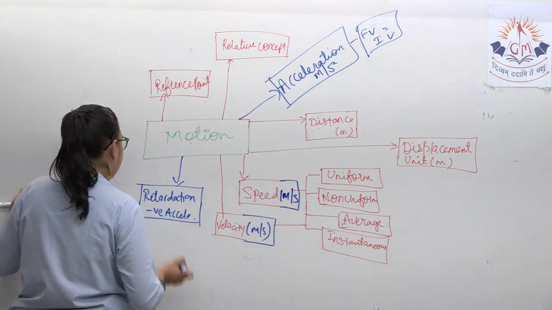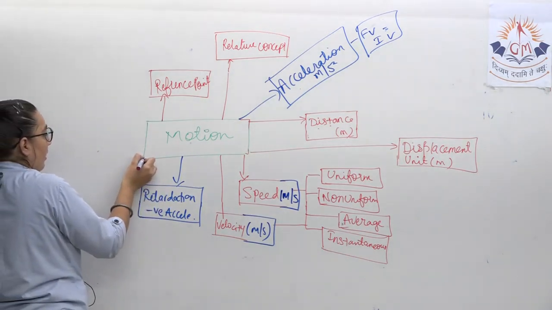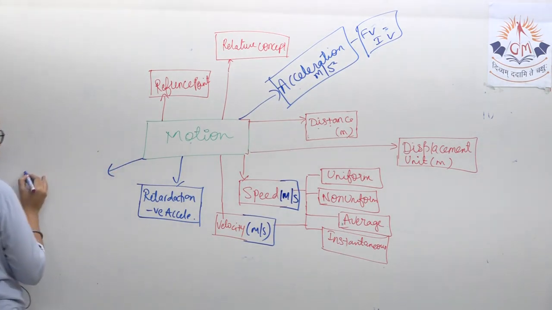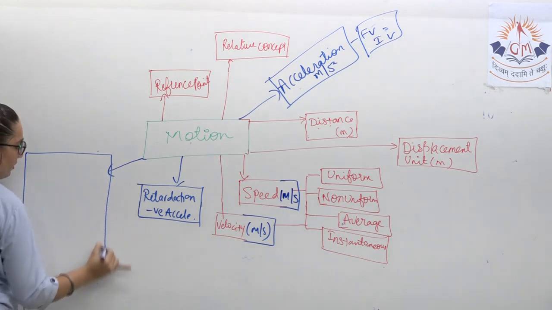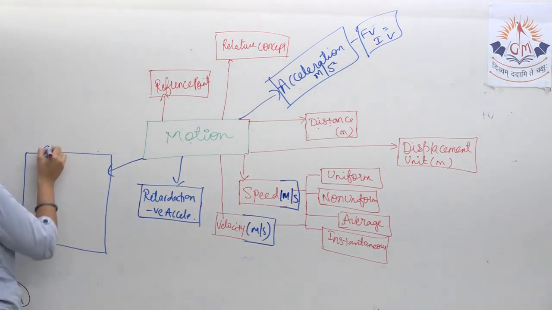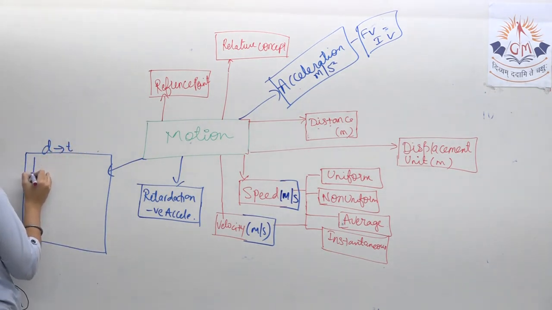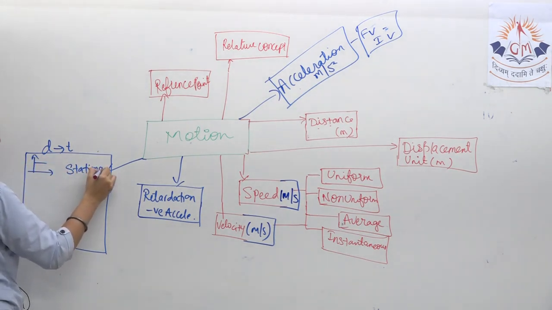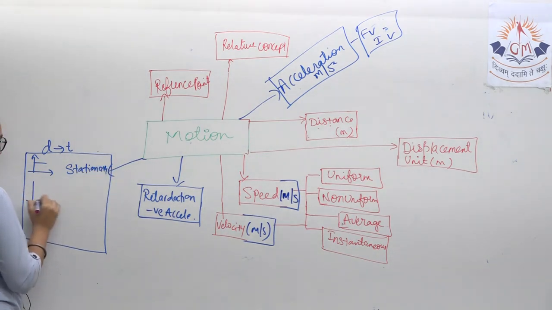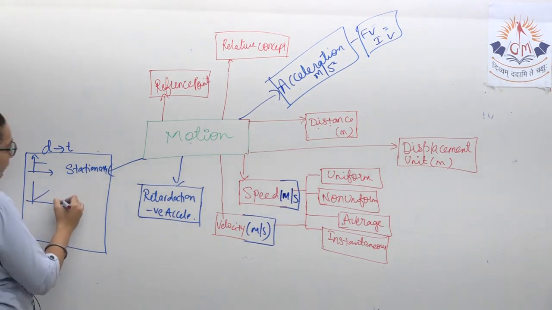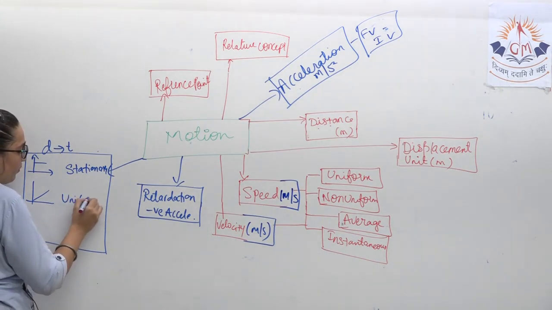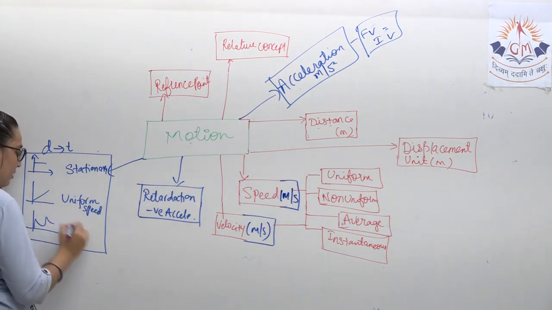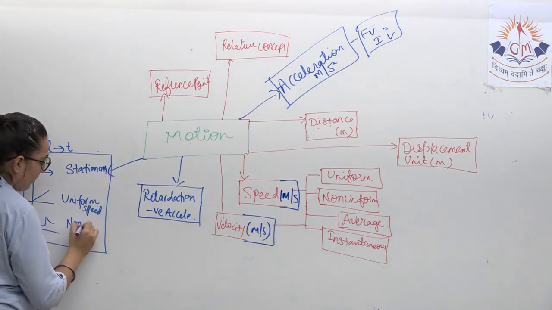Then next, we discussed the graphs. This is the distance versus time graph. Object is stationary, uniform speed, non-uniform speed.